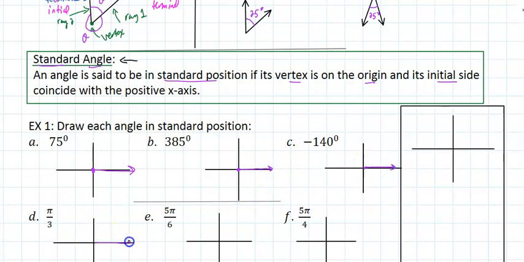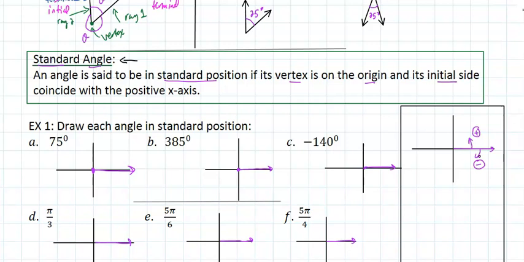That's always the initial, no matter what you're plotting. So we start with the positive x-axis and we define a counterclockwise motion as positive and a clockwise motion as negative. And that's how we play.